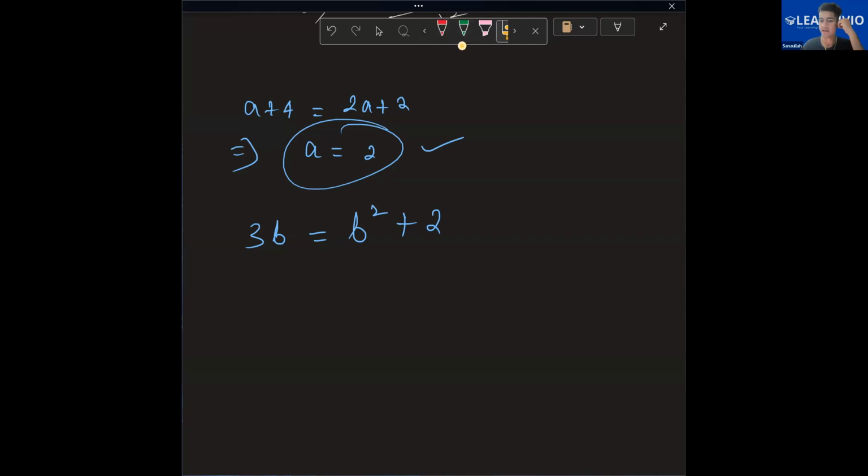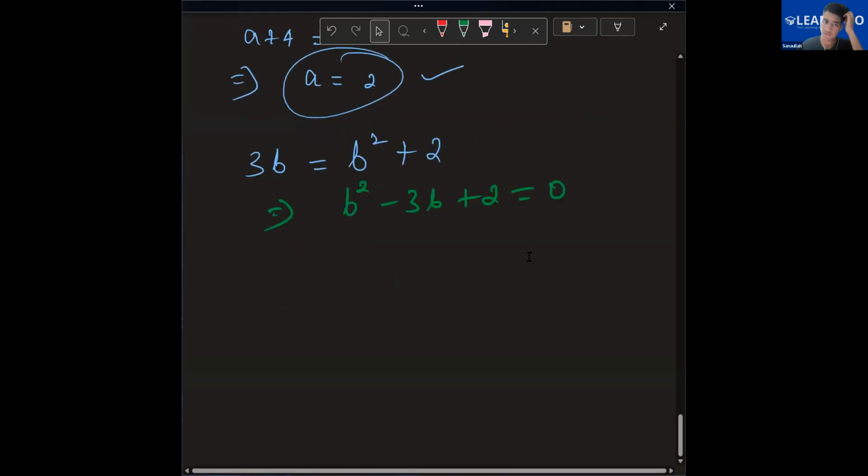So this is quadratic, and you have to solve it. You can take that minus b to the right hand side, and the 2 goes to 0. You can solve this either by the quadratic formula, or you can simply use splitting the middle term. That is much easier.